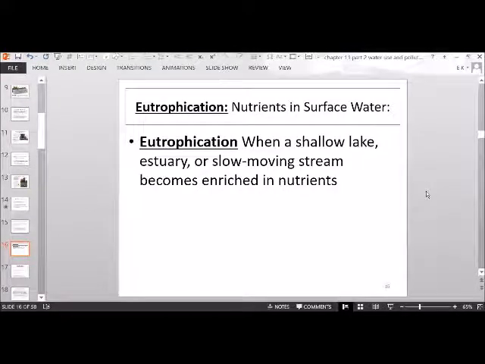Then we have eutrophication, and we did discuss this in a previous lecture. Eutrophication is when a lake, an estuary, or a stream becomes enriched in nutrients. So eutrophication is when you have a lot of nutrients in surface water.